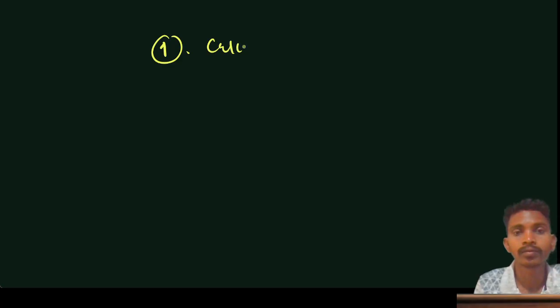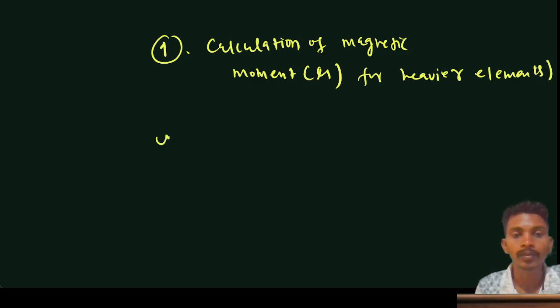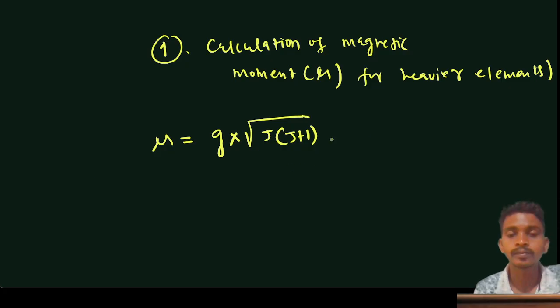The calculation of magnetic moment for heavier elements. So what is the formula for calculating the magnetic moment? The formula is the Lande factor g into the square root of J into J plus 1.